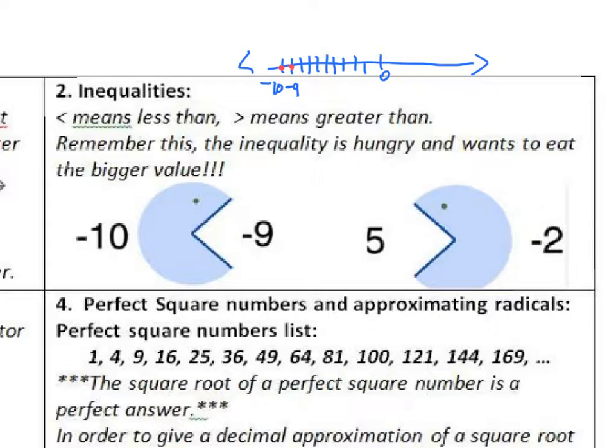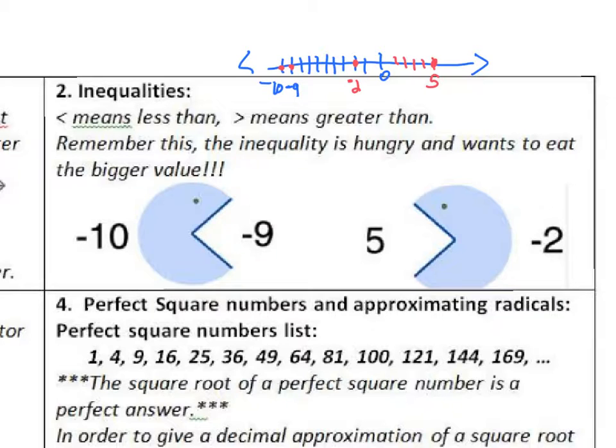And over here, 5, you also can see that 5, 1, 2, 3, 4, 5 is right here, is further away on the right than the -2. -2 is right here. So it's on the right, further away, so the 5 is bigger. Pac-Man is eating the biggest number. So we use those symbols to show the numbers that are less than, greater than.